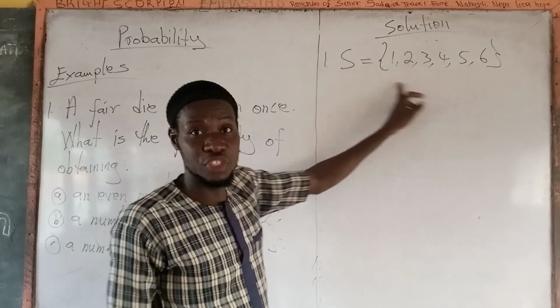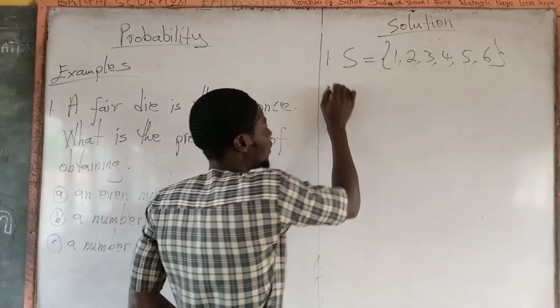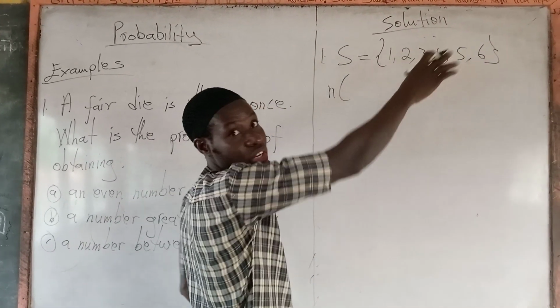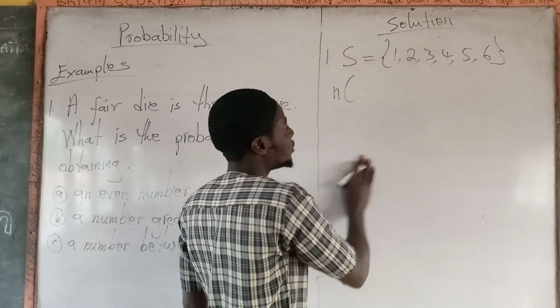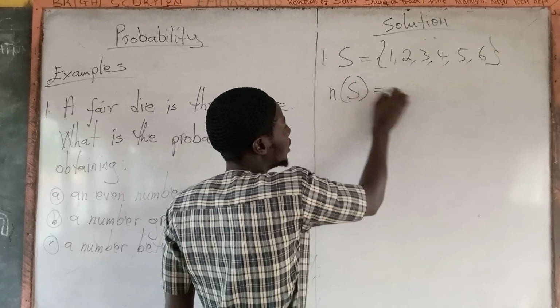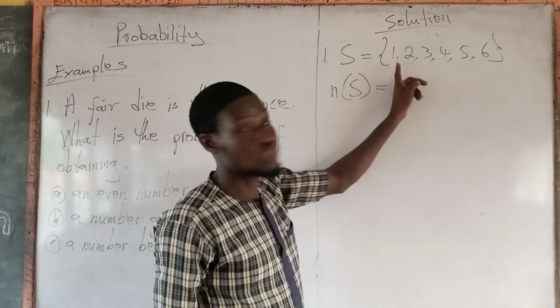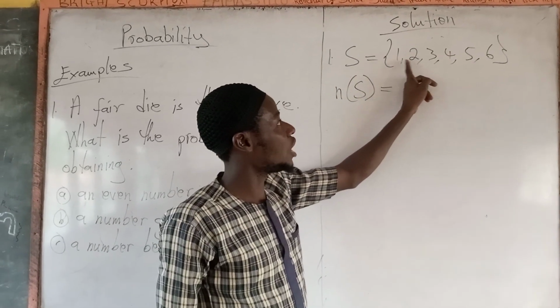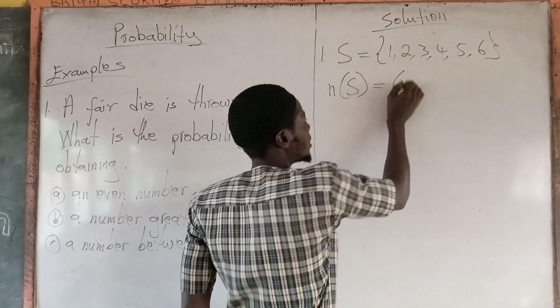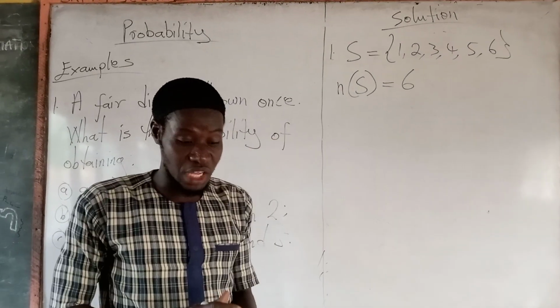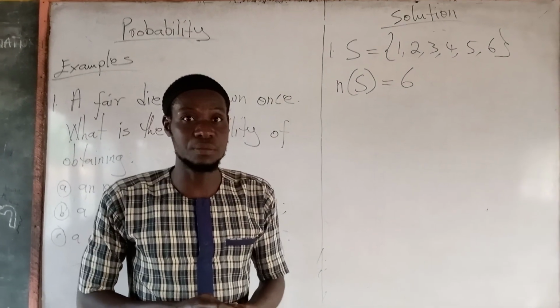Then we find the number of elements, or the number of sample points, in this sample space. There are 1, 2, 3, 4, 5, 6. So there are 6 sample points. In other words, there are 6 elements in that sample space.